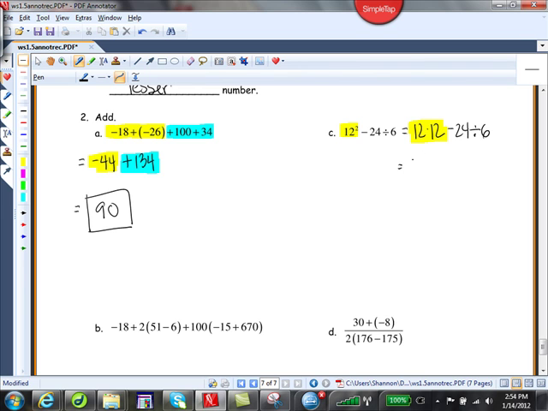So here we will get 144 minus 24 divided by 6. Now the division has to occur first, so we'll have 144 minus 4, and now we'll get 140. And we're all done.